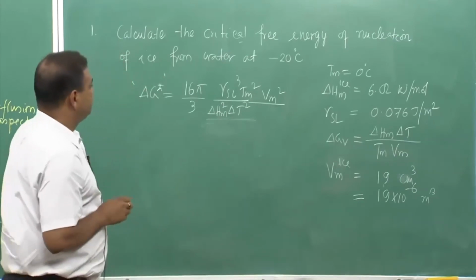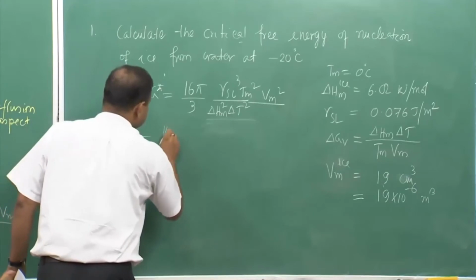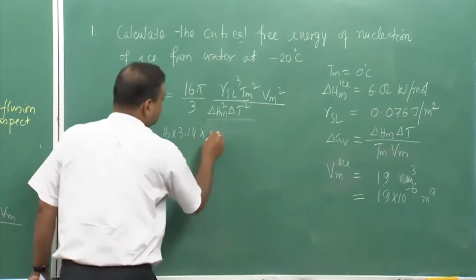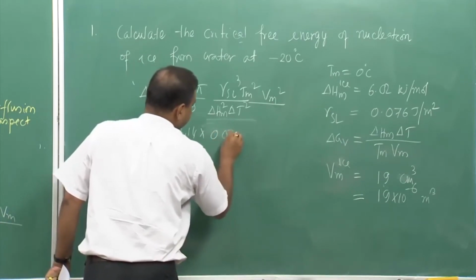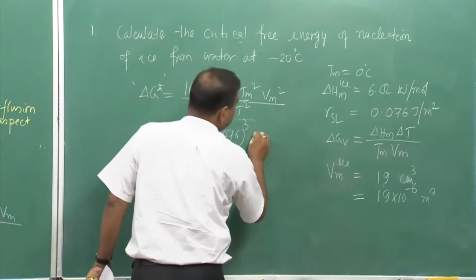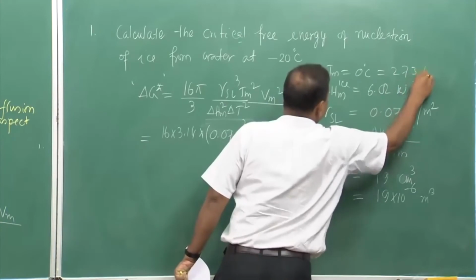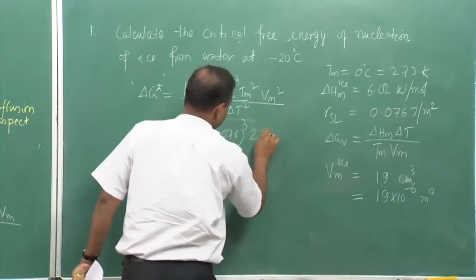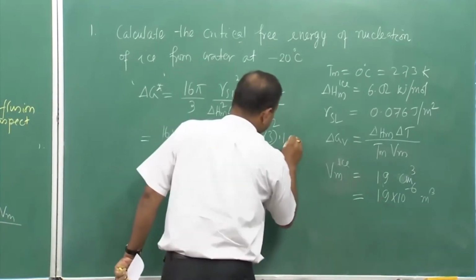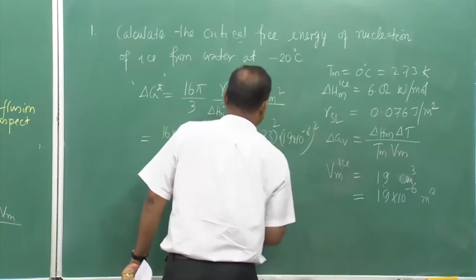This would be the expression, and now I just put in those values: 16 into 3.14 into 0.076 cube, 0 degree Celsius, that means 273 Kelvin, 273 square. Vm is this 19 into 10 to the power minus 6 square.